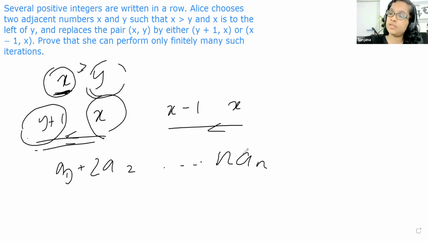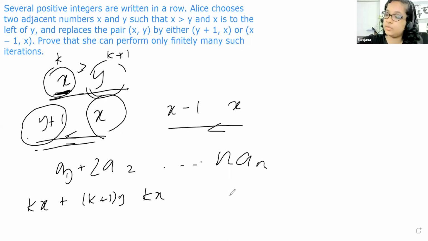Initially you have x and y, suppose they're at positions K and K plus 1. Then the value would be Kx plus K plus 1 times y, which is Kx plus Ky plus y.